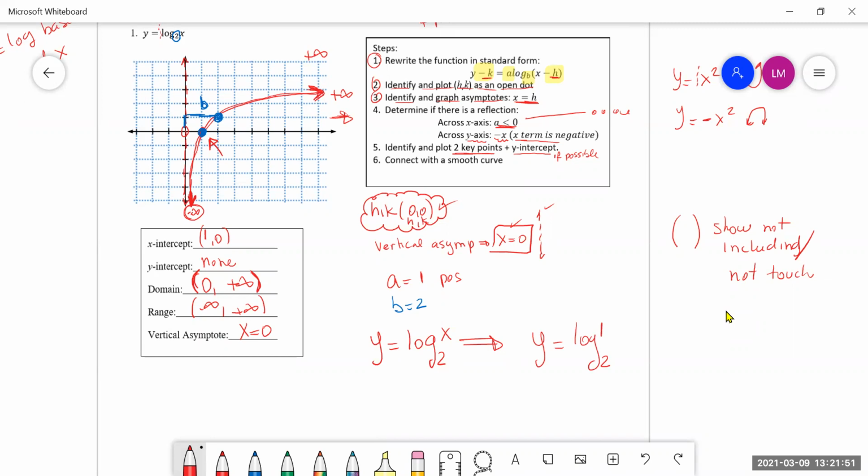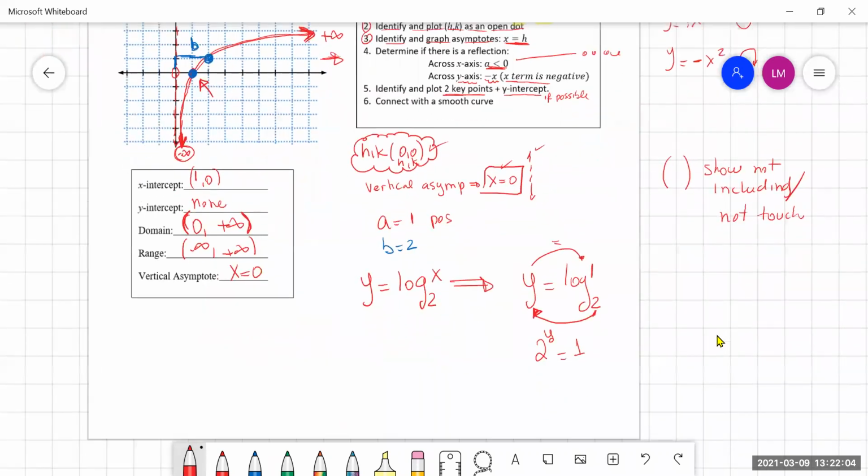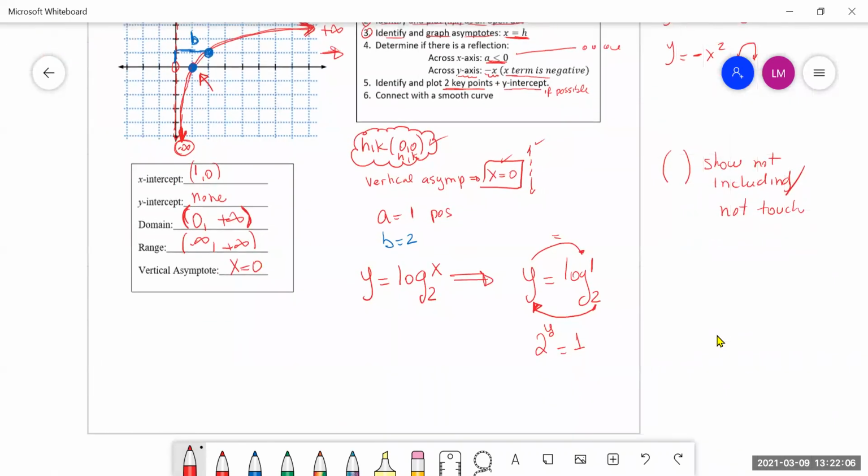So let's ask ourselves, 2 to what power will equal a 1? Ask yourself, what power would that be? The y value would have to be 0. Makes sense. I plug in a 1 for x, I got a 0 for y.